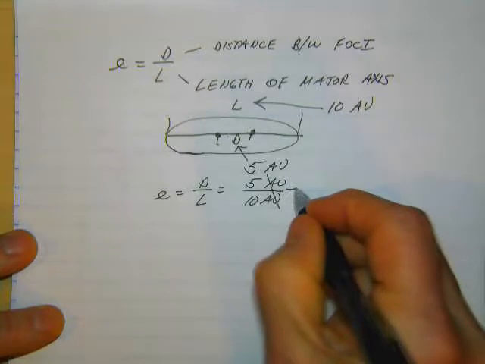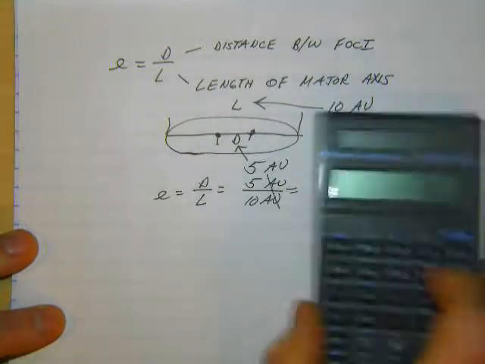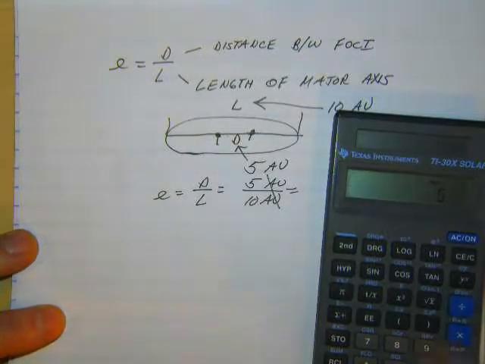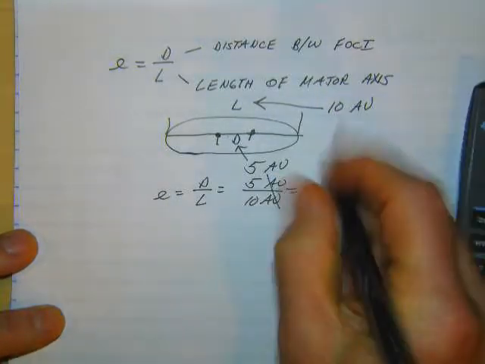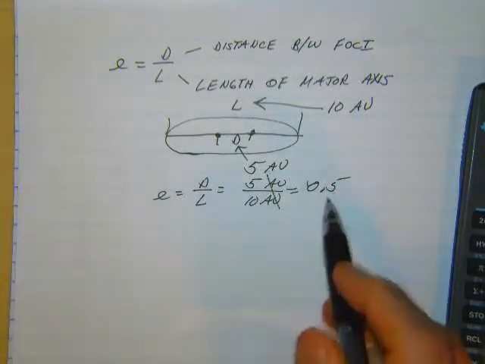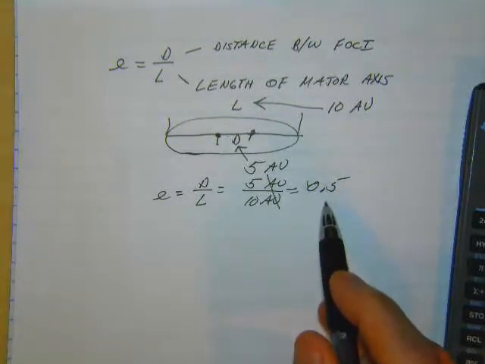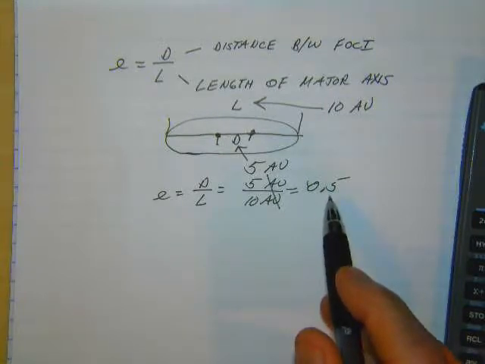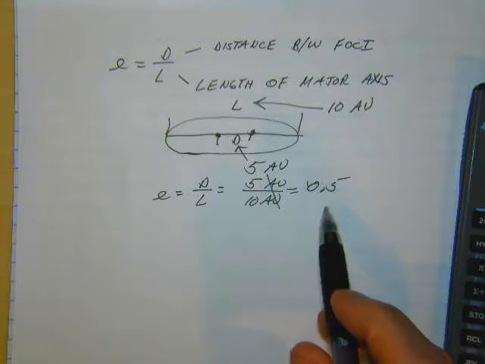Those cancel out, and 5 divided by 10 is 0.5. That's the eccentricity. As this number approaches 0, the ellipse becomes more and more circular. So make sure you recognize that fact.